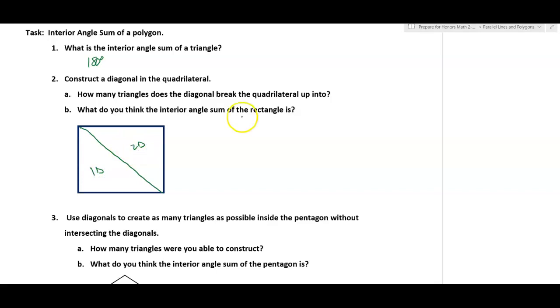So what do you think the interior angle sum of the rectangle is? Well, if I took all three of these angles, they would add up to 180 degrees. If I took all three of these angles, added them up, it'd be another 180 degrees. Therefore, the rectangle has an interior angle sum of 180 plus 180, which is 360 degrees.